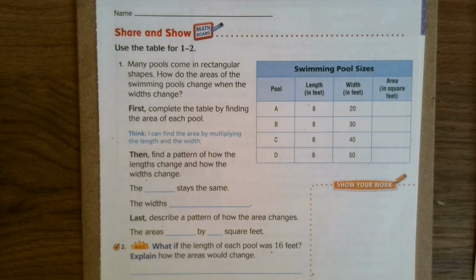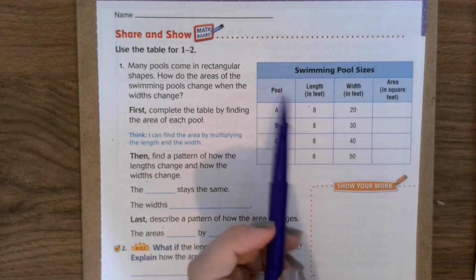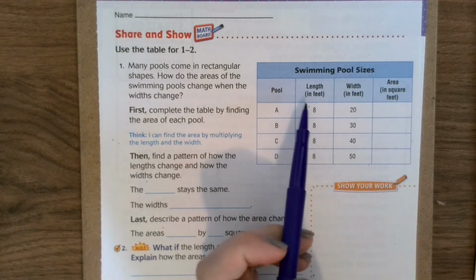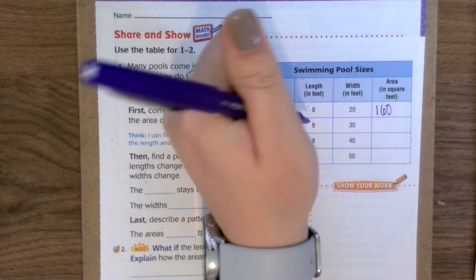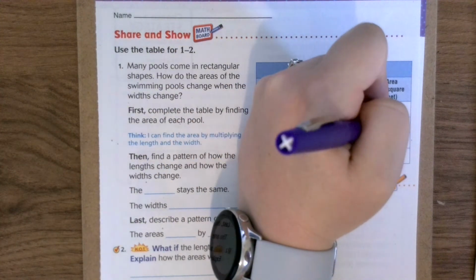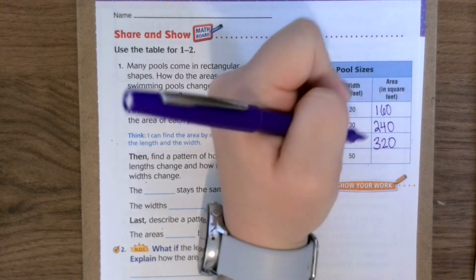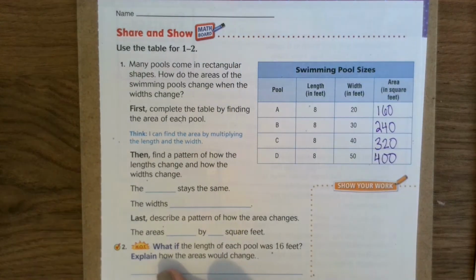Says many pools. Complete the table by finding the pool length. There is 8 times 60, 8 times 30, 8 times 40, 8 times 50, 400.